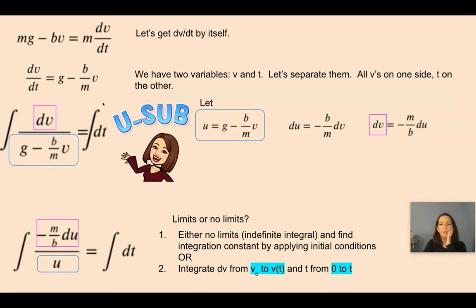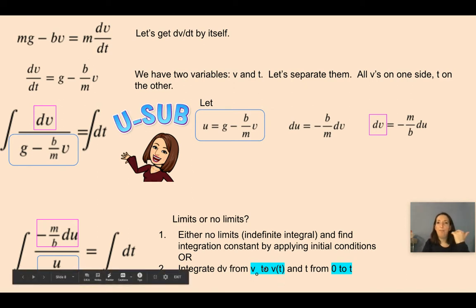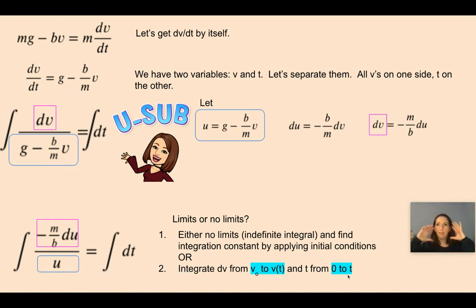In the Edpuzzle I gave you, he used v prime and t prime, which I think is unnecessarily complicated. When you call it v of t and then just t, once you get done with the math, the v of t is just staring at you. So this is my favorite way of doing it. Those are our choices.